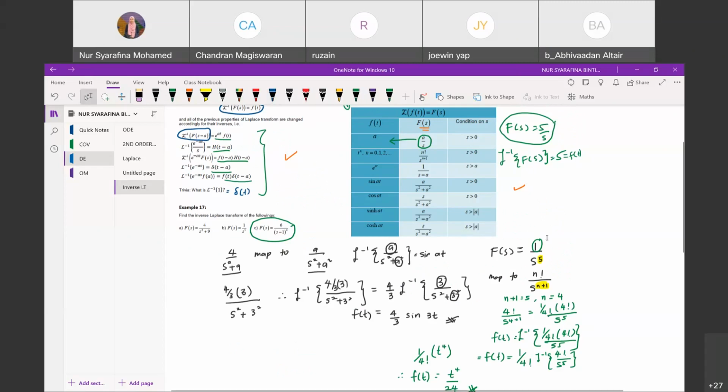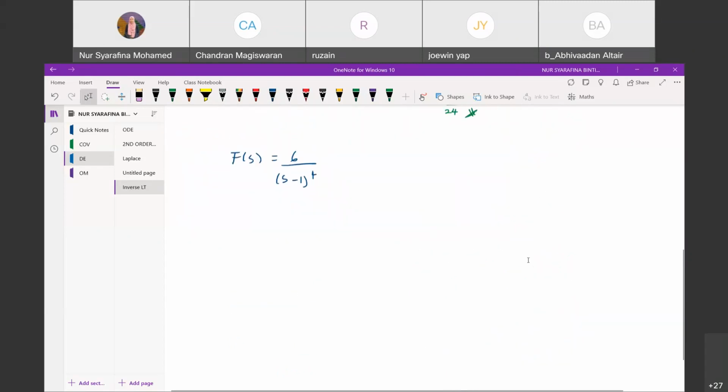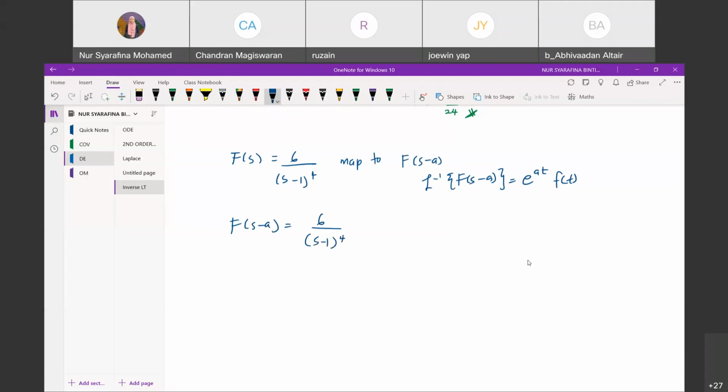All right, so let's take a look. So this is mapped to F(s minus a), where the transformation of F(s minus a) will be e^(at) f(t). So as you can see here, F(s minus a) equals 6 over (s minus 1) to the power of 4, where a equals 1.